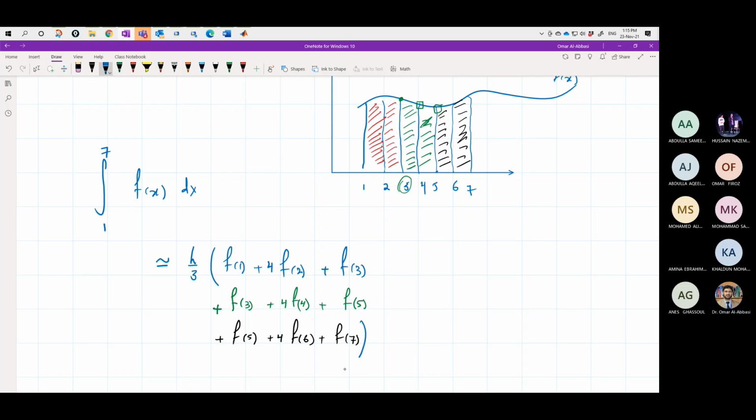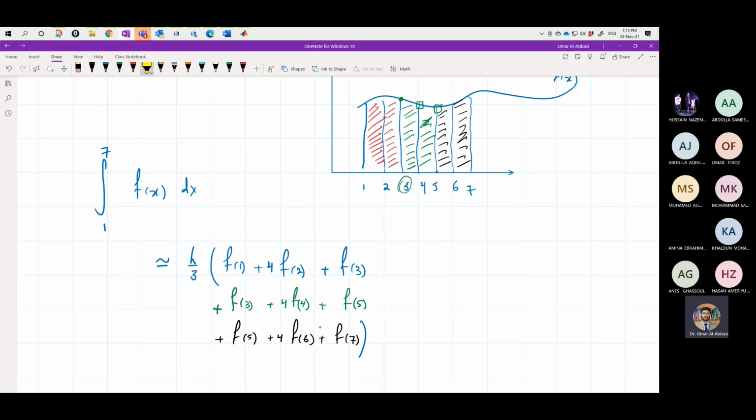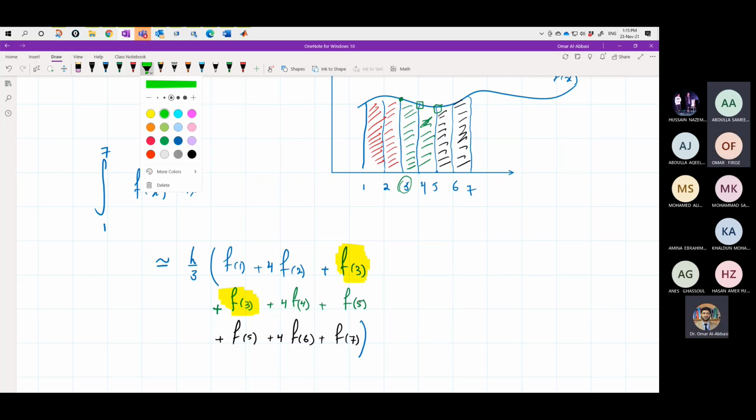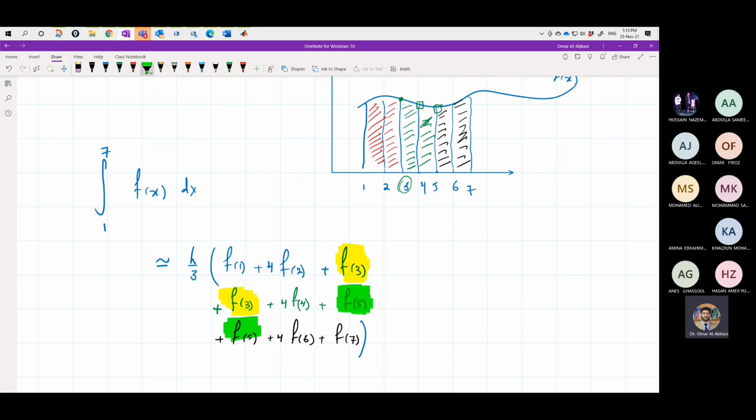Now tell me, what do you notice? Can you see that 3 is summed twice? Yes, Doctor, and also 5. What else? 5 is summed twice.